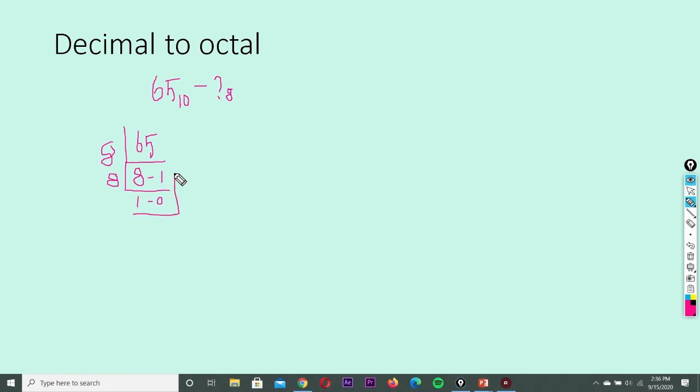The corresponding answer we have to write from the bottom to top. So we can write the final answer as 65 decimal is equal to 101. So this is the octal representation of the given number 65.